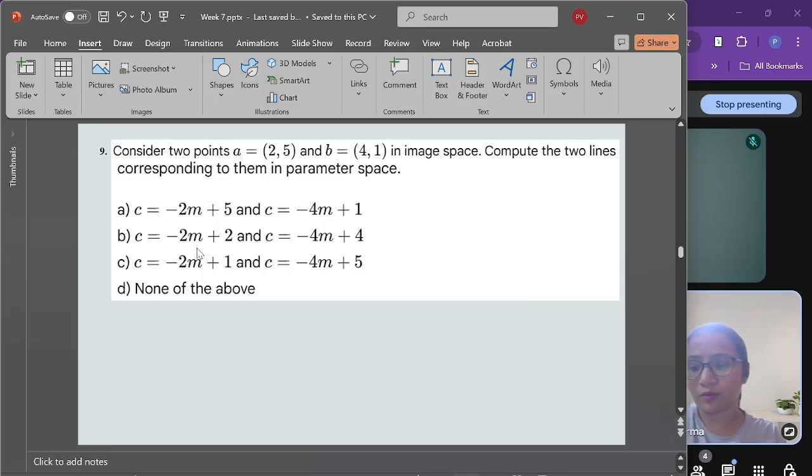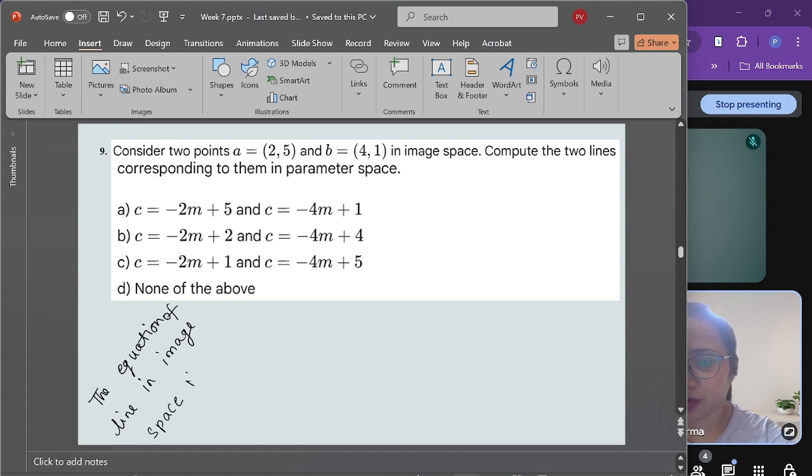Okay. So the equation of line in image space is, already we know, y is equal to mx plus c, right? Where m is our slope and c is intercept, right?